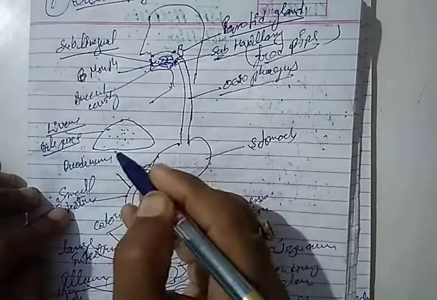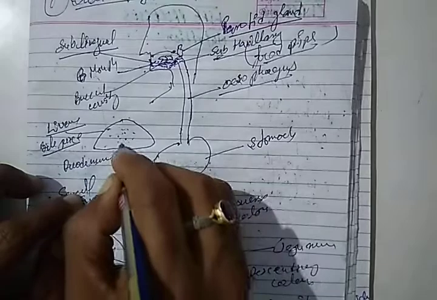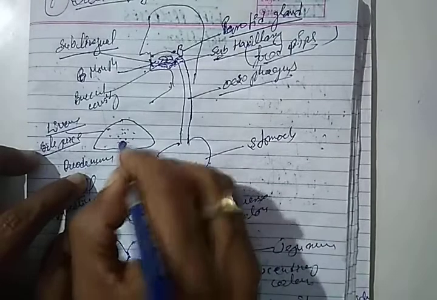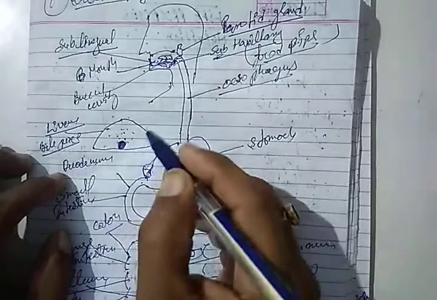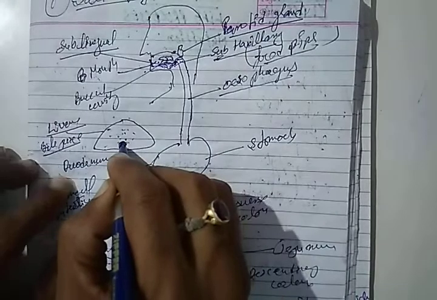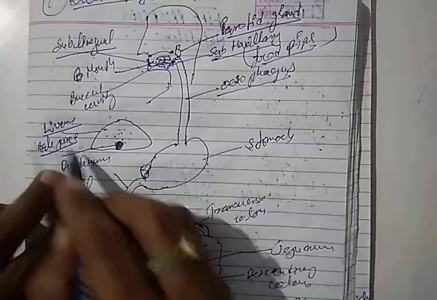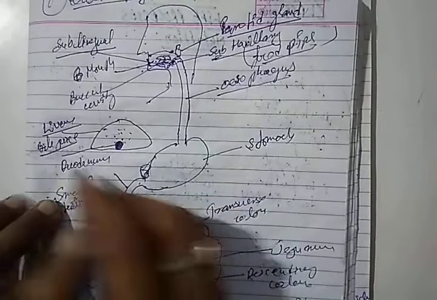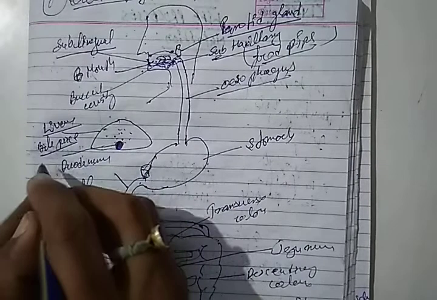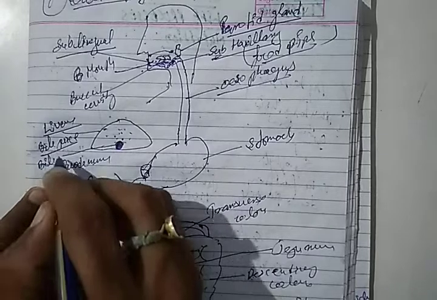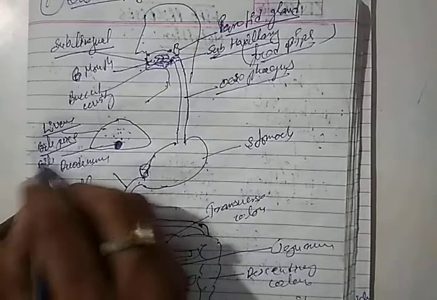This bile juice is continuously stored in another organ, sorry, another gland, which is called the gall bladder.